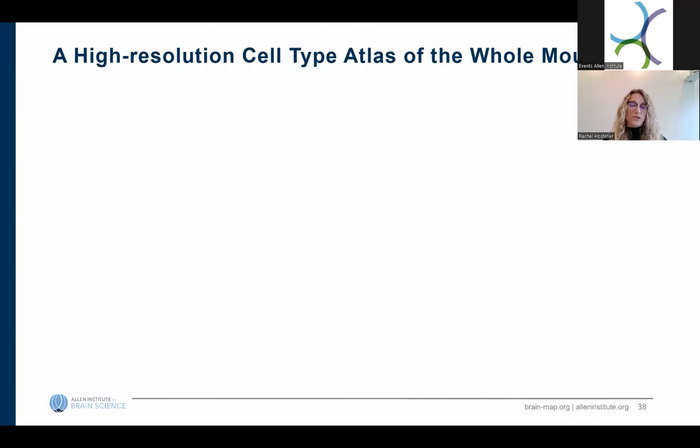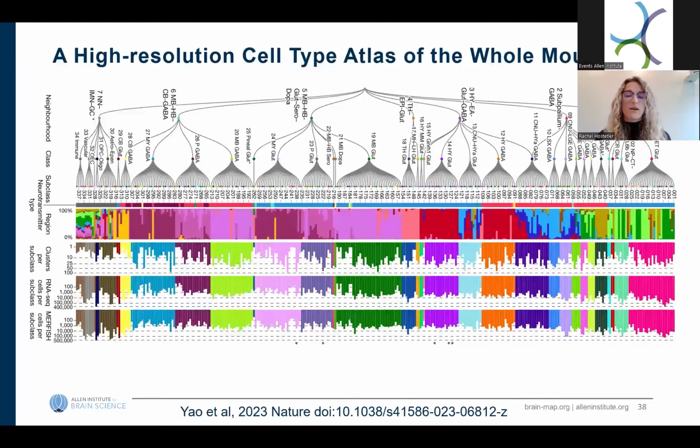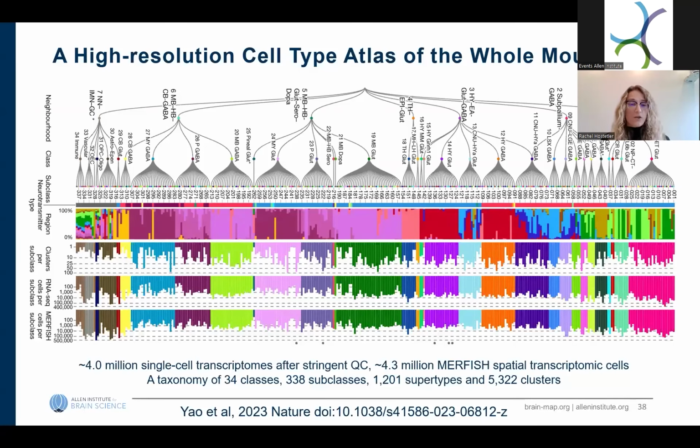And here's what that actually looks like. So here is the dendrogram showing all of the cells profiled in this atlas. This is divided again through hierarchy. We have our cells in isocortex in one area, our cells in cerebellum in another area, our non-neuronal cells, our neuronal cells. And as you go further through the layers of the dendrogram, you can see in finer detail different classes, subclasses, supertypes, and then clusters.